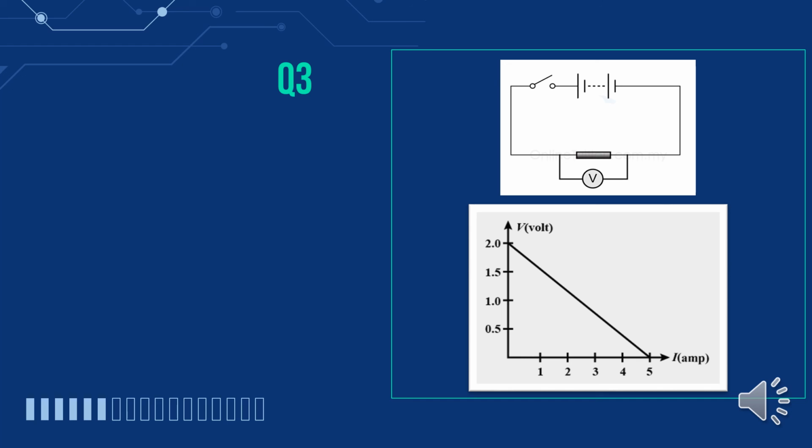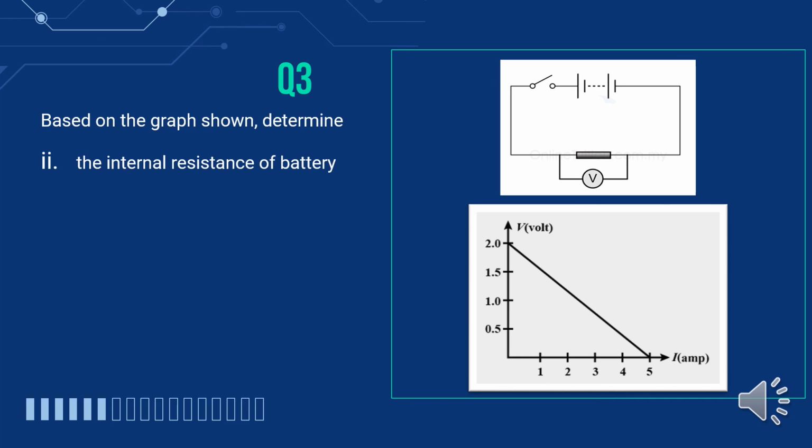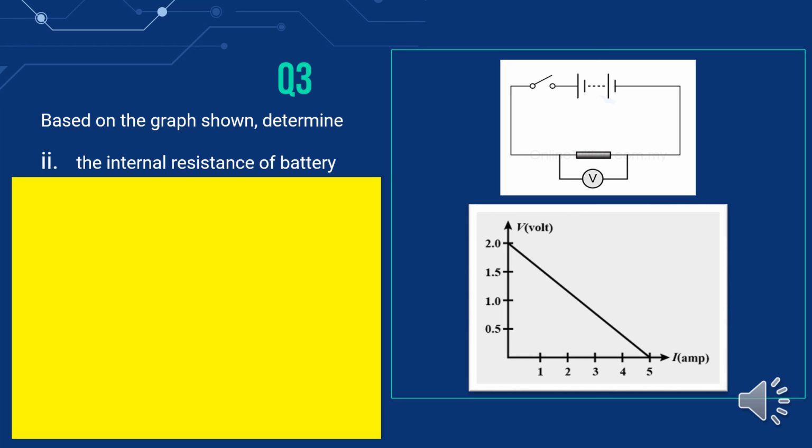Last but not least, how to determine the internal resistance of the battery? So, here the solution is. This is the formula of electromotive force that we used just now.